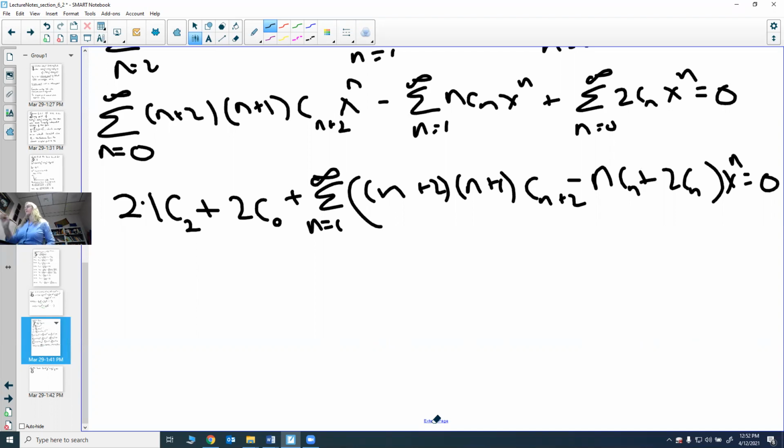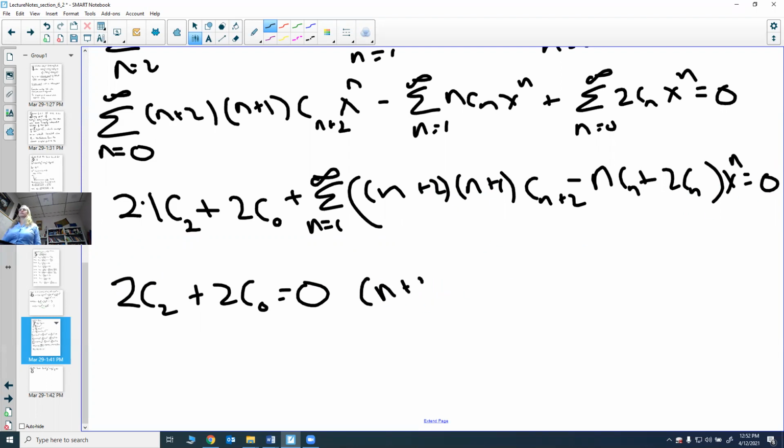So again, the terms that do not have x's in them have to equal 0, because the coefficient on the other side is also 0. So we have 2 times c sub 2 plus 2 times c sub 0 equals 0. We also happen to have that all the coefficients of x to a power have to equal 0, because there are no x to a power on the other side.